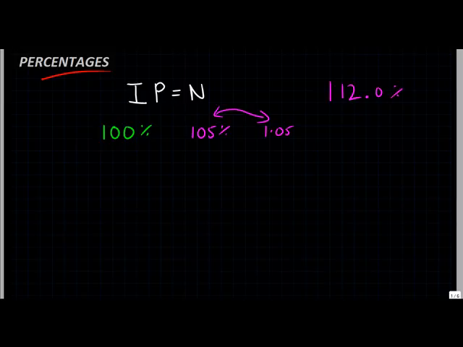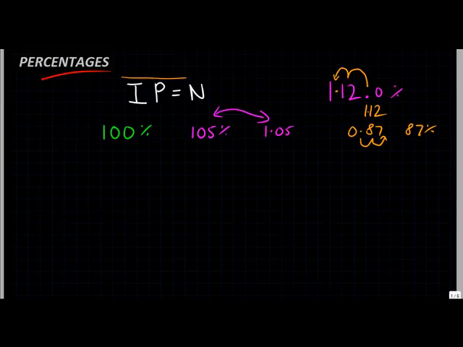To turn that into a decimal, move this dot 2 places that way, you get 1.12. And so you have 0.87 as a decimal. To convert that into a percentage, multiply by 100, and you move the decimal point 2 places in the other direction, so 87%.